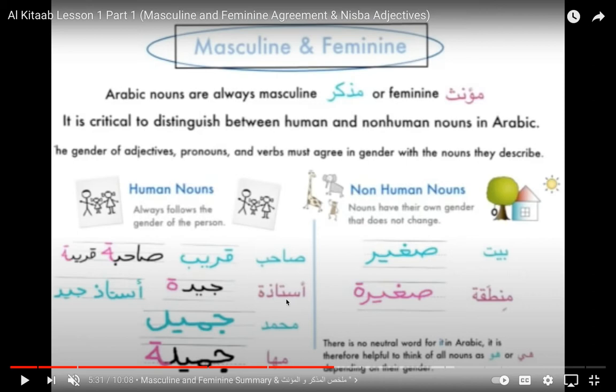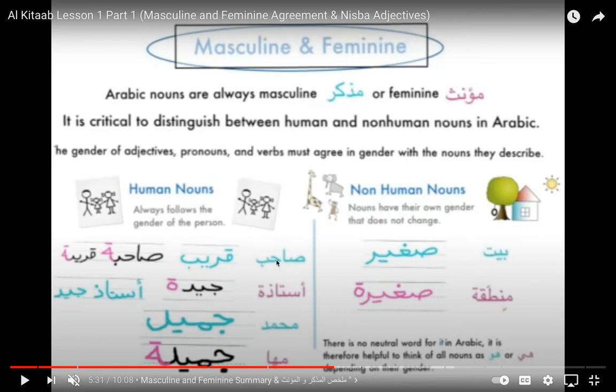So you hear ustada. If you say ustad, you mean you are talking about a male teacher or a male professor. But if you say ustada, you mean that you added the ta marbuta, but we did not pronounce it. Okay?